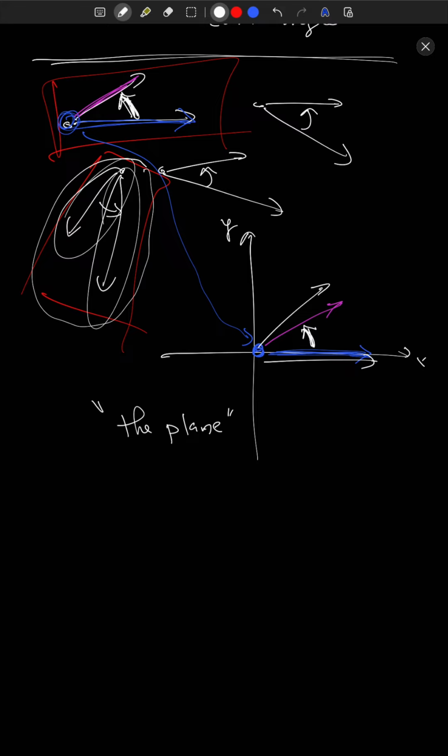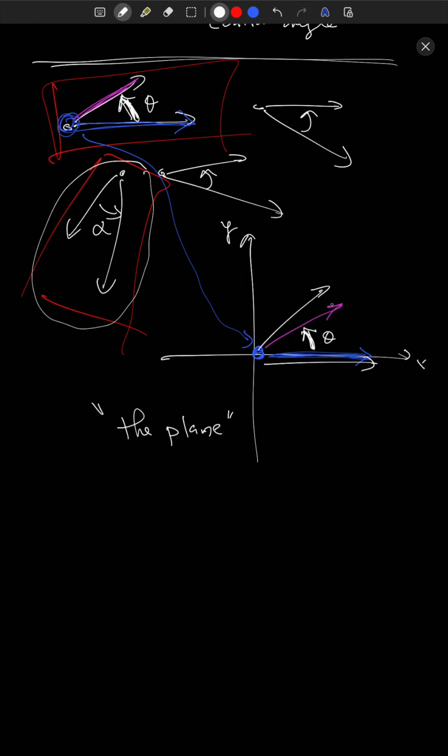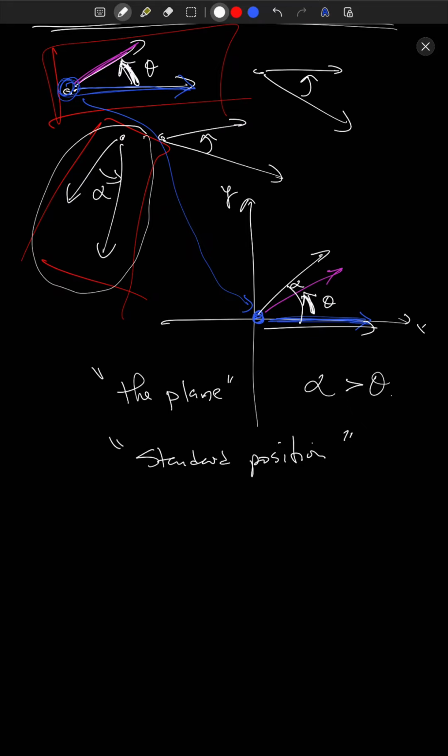Then I can see that my first angle up here, let me give these names. Let me call this theta and this alpha. So this is theta, and that there is alpha. I can see that the angle alpha is bigger than the angle theta, whereas if I had them twisted and turned in different orientations, it's hard to tell and hard to work with. So this is called standard position. We often put angles into standard position so that we can compare them.